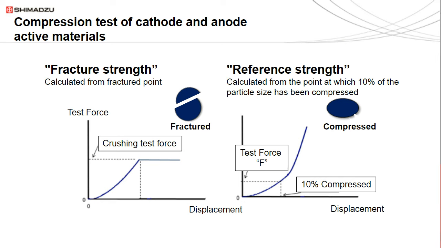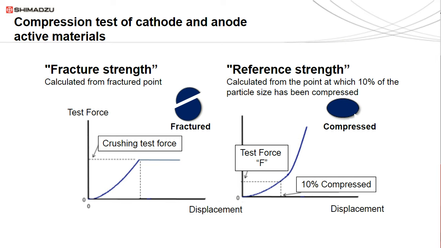When a fracture occurs and the particle deforms rapidly, the displacement flattens out and the fracture strength is calculated from the inflection point. The other strength is called the reference strength, which is calculated from the test force and displacement at a point. It can be any percentage, but typically when 10% of the particle diameter is deformed.